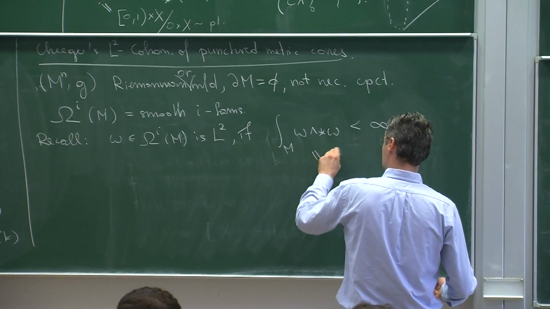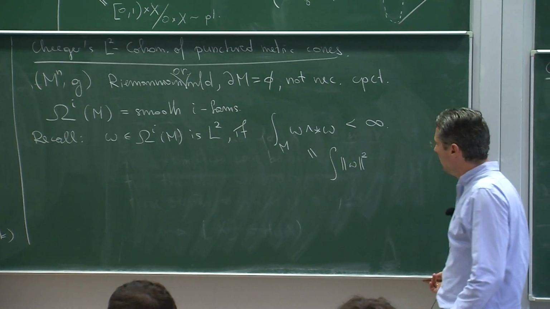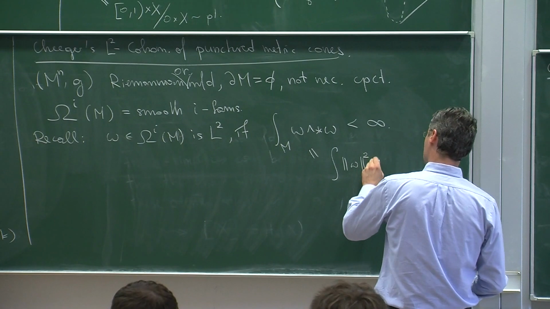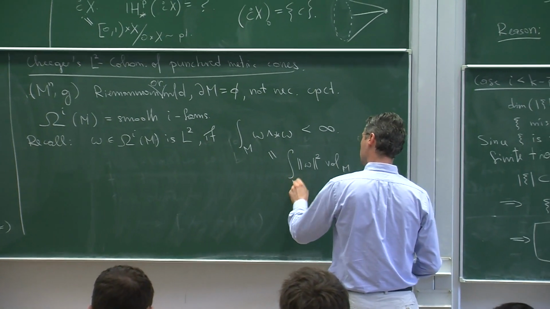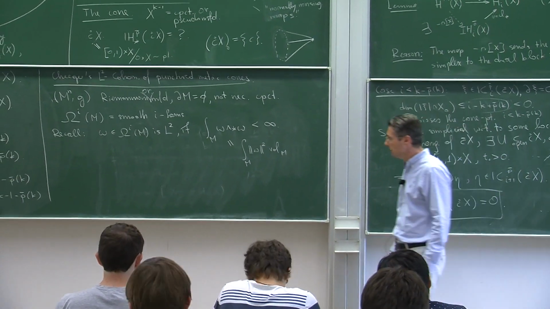Or another way to say it is we could look at the norm squared of omega and integrate it against the volume form. It's the same thing. So this should be finite. So then we call it L2.